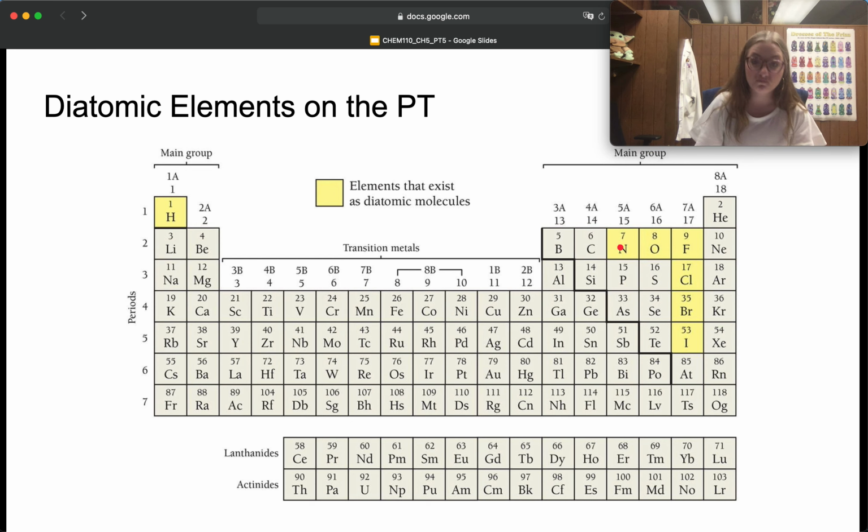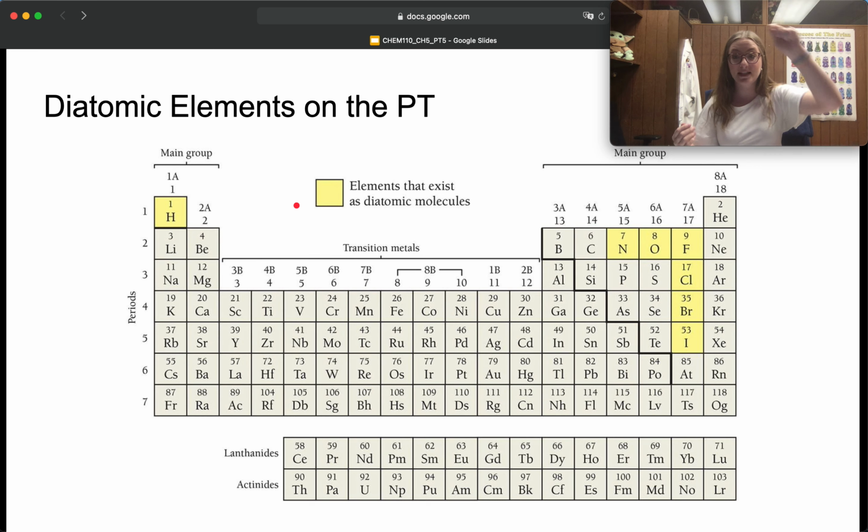Again, these are the diatomic elements, so they exist as diatomic molecules in their elemental forms, and you should get to know this because it is also going to affect things when we start to talk about chemical reactions and what we can learn from a chemical reaction in the end.